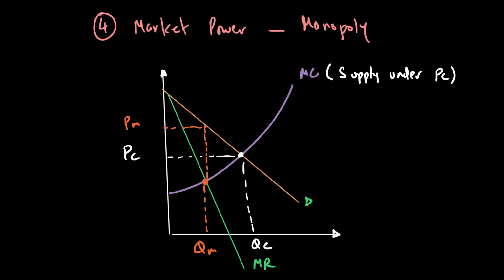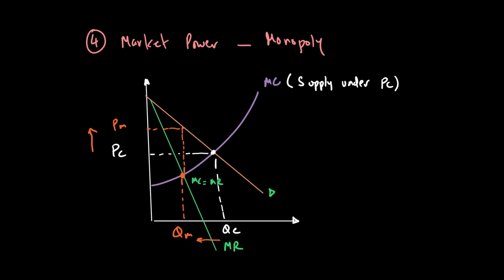So because of this higher price and lower quantity, because MC is equal to MR is being done here, profit is maximized here, we are ending up with a case of a deadweight loss equal to this area.